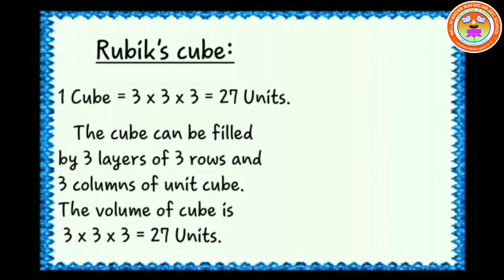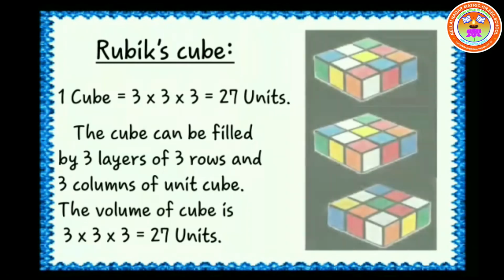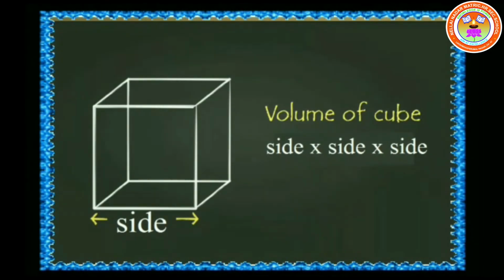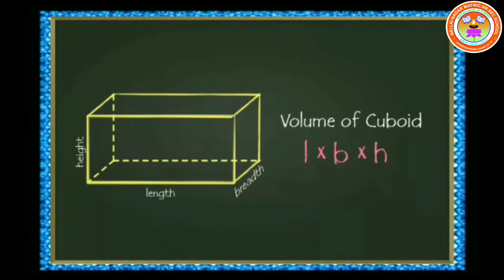The volume of cube is 3 into 3 into 3, which is 27 units. Let us see the formula for volume of cube: side into side into side. Formula for volume of cuboid: length into breadth into height.